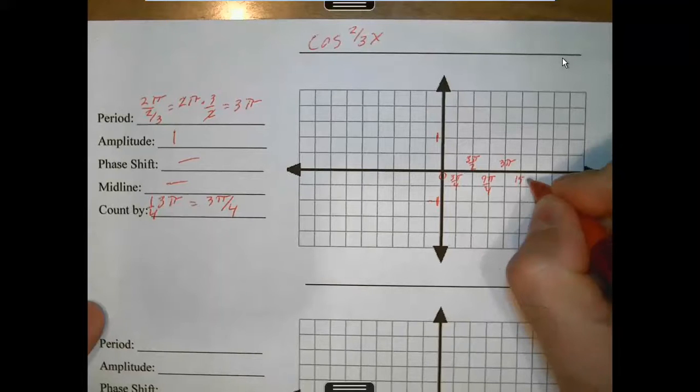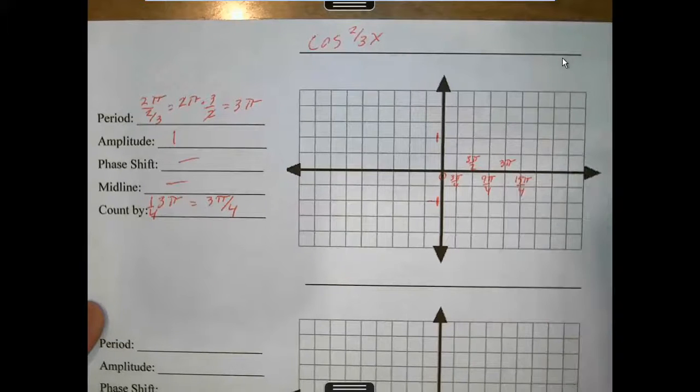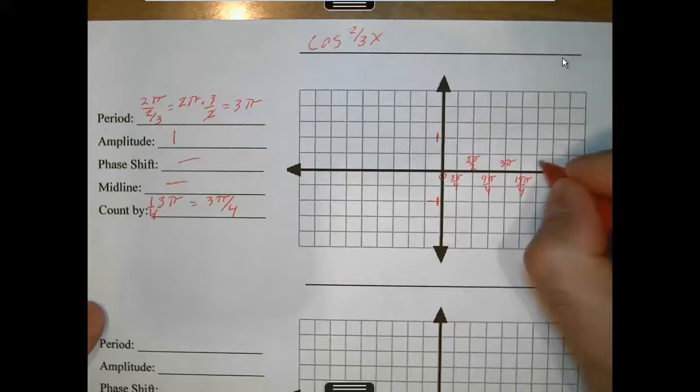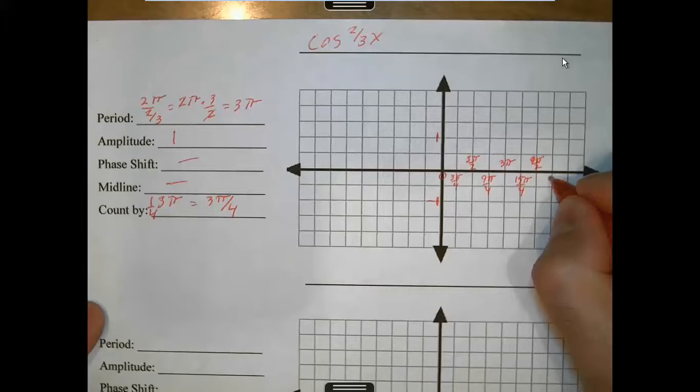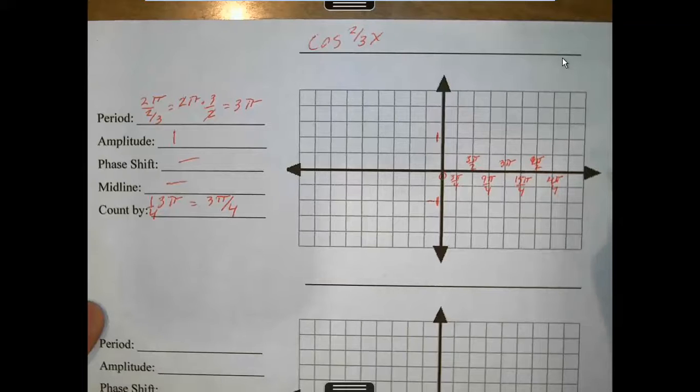Notice I'm always counting by 3 pi over 4. 15 pi over 4 plus 3 pi over 4 is 18 pi over 4, which reduces to 9 pi over 2. 18 pi over 4 plus 3 pi over 4 is 21 pi over 4, and that doesn't reduce. 21 pi over 4 plus 3 pi over 4 is 24 pi over 4, which reduces to 6 pi.